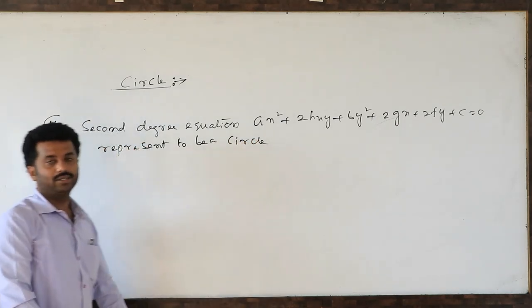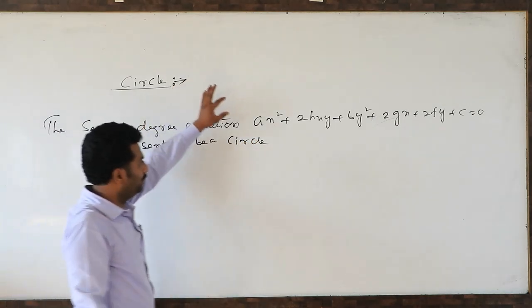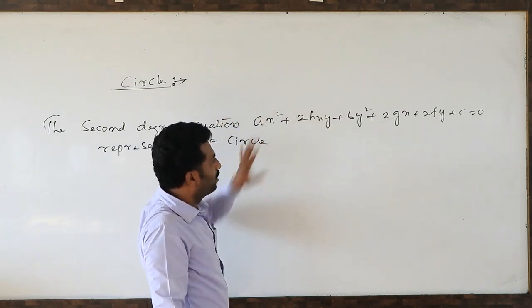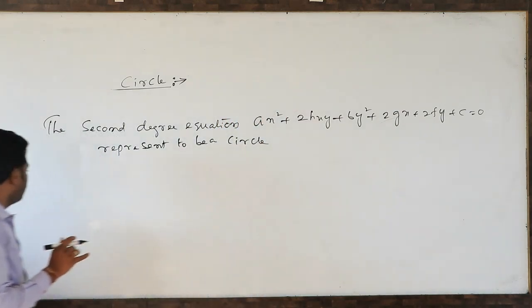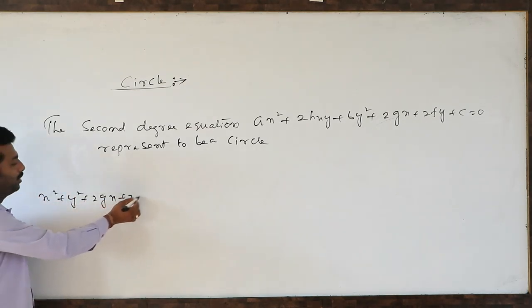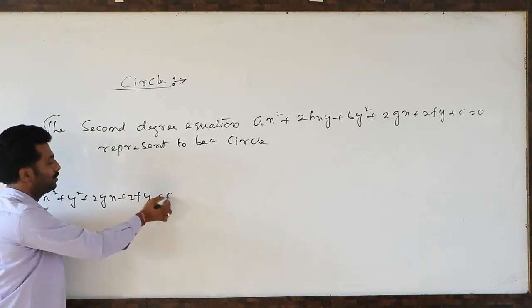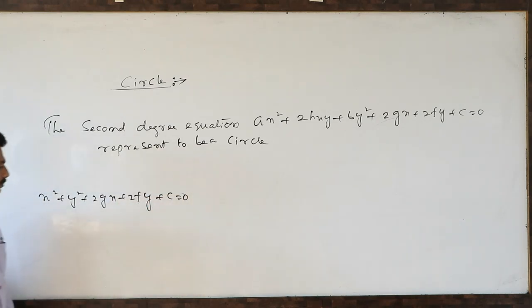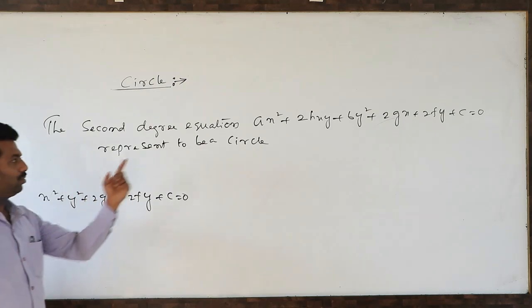What are the conditions? You observe. This equation represents a circle. What is the circle general equation? X square plus y square plus 2gx plus 2fy plus c equal to 0. So like this we have to convert.